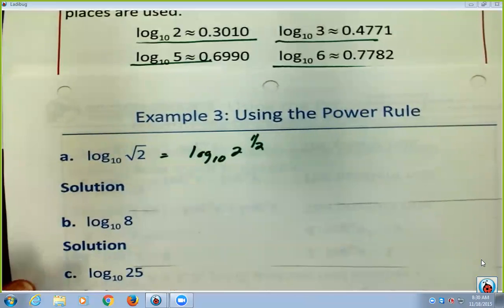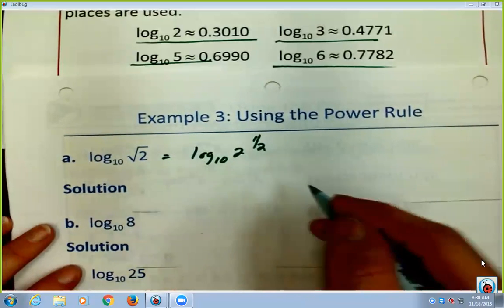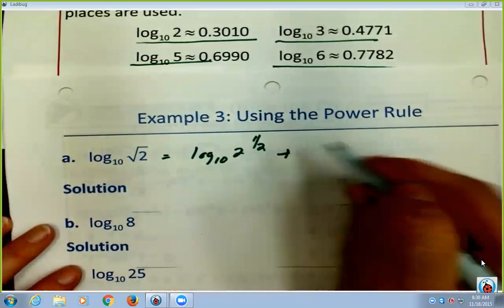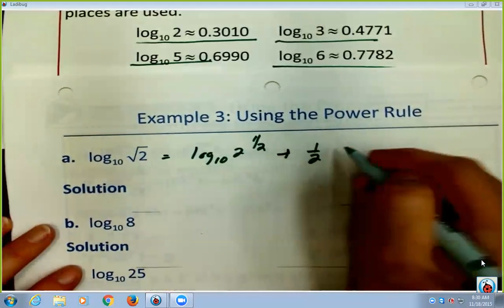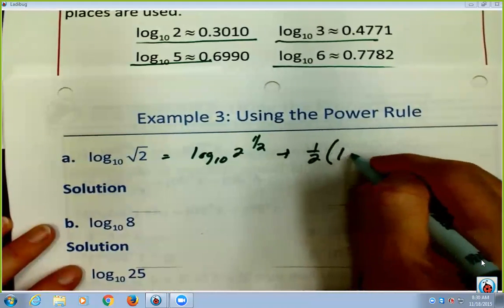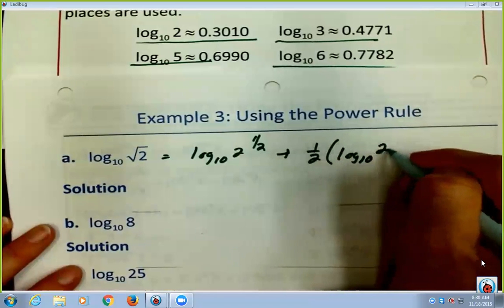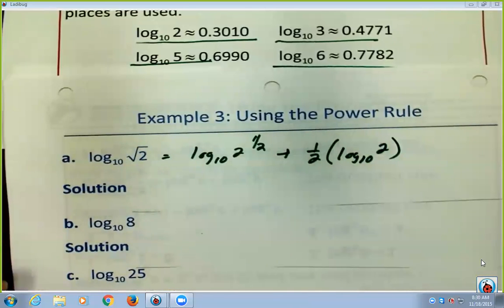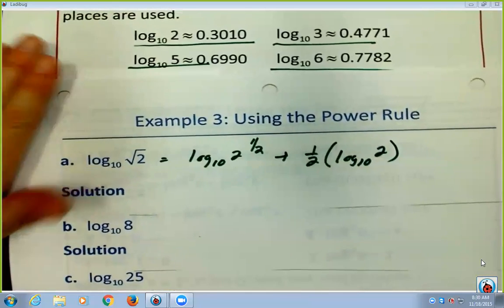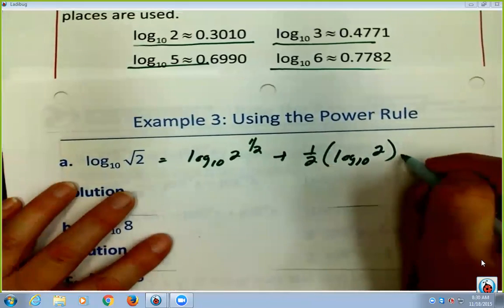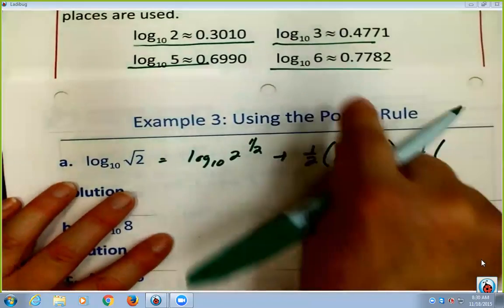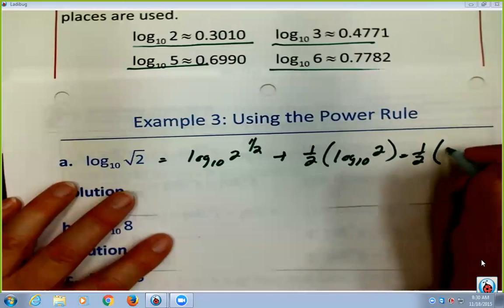So it's still there. So what happens here, if I expand this out, that half has to come out in front, and it's going to get multiplied by log 10 2. So if I go to my numbers, and I think they plug these guys back in here again, I would have 1/2 times the value of 2.